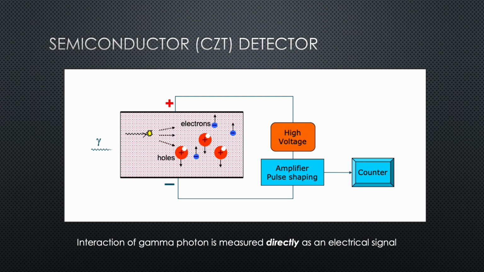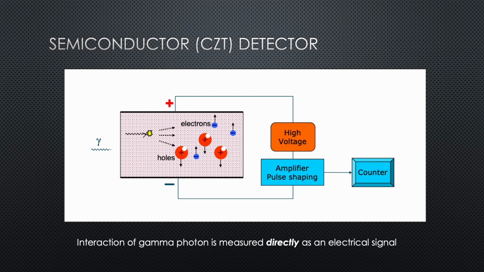So how do these semiconductor detectors work? Gamma or X photon hits the depletion layer of the semiconductor, where an ionization causes negatively charged electrons and positively charged holes to be created. With an electric field across the semiconductor, the electrons go to the positively charged anode, and the holes go to the negatively charged cathode to create a signal.